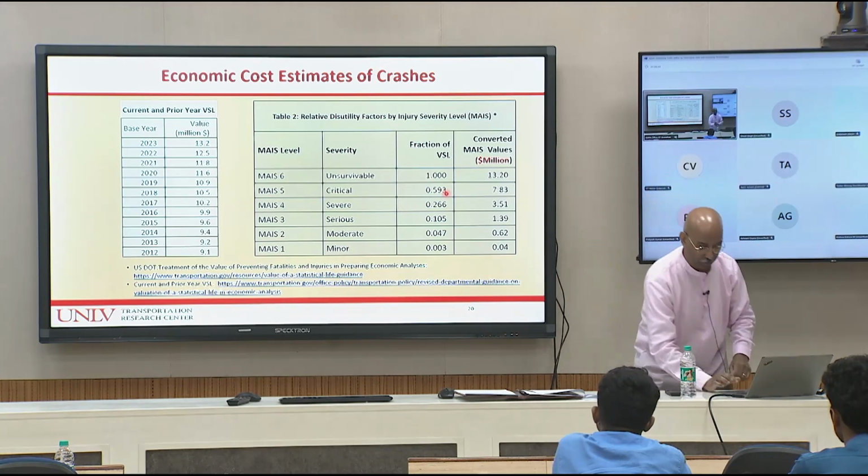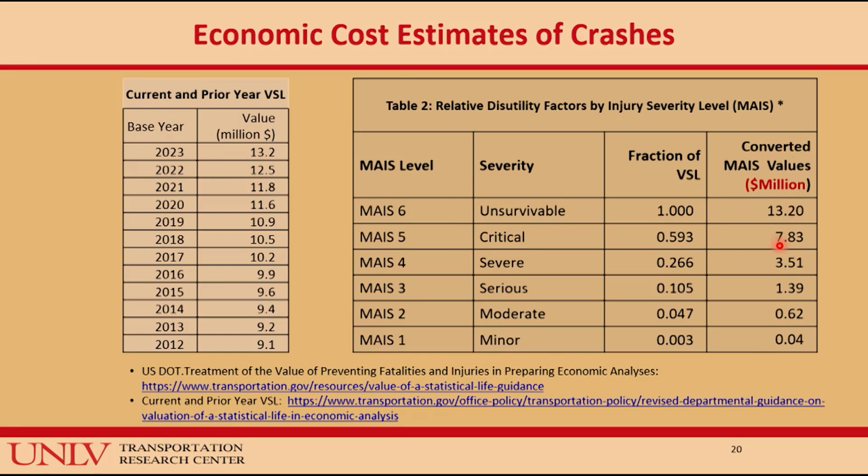So the dollar value is 59% of 13.2, which is 7.83 million. Next, a severe injury is 0.26, 26% of a person killed, and that means 3.51 million.